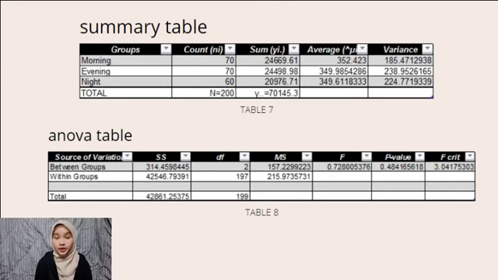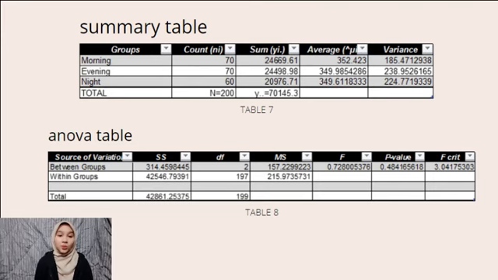The second column is for the calculated sum of squares, where we get SSR value of 314.46, the SSE value is 42,546.79, and the total sum of squares is 42,861.25.